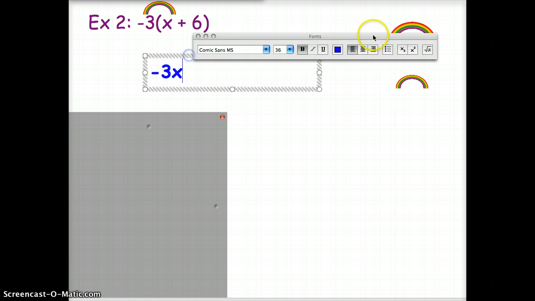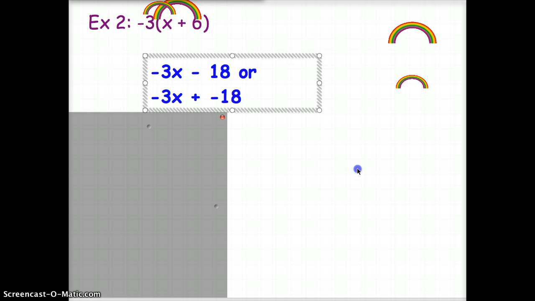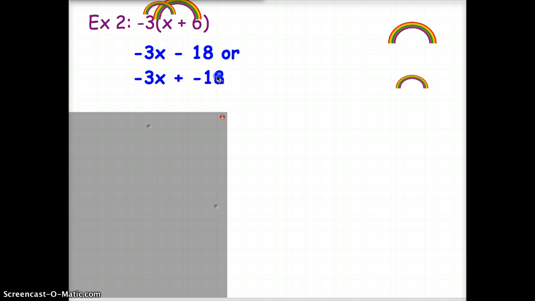And then I can take -3 times 6 and get -18. You can either put -3x minus 18, or you can have -3x plus -18. Either of those will work, and both are equivalent.